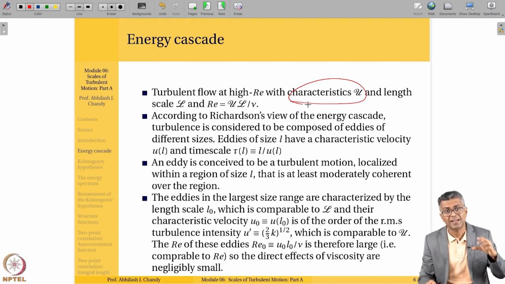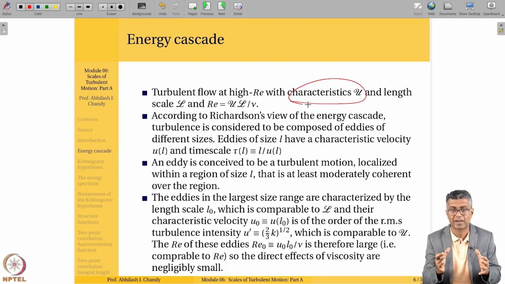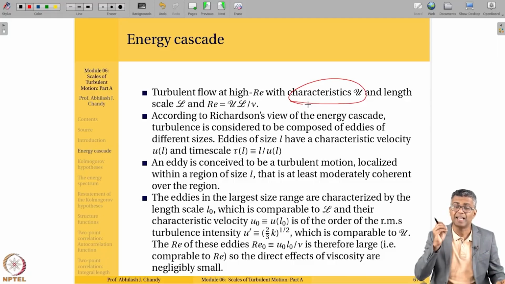It is the velocity in the nozzle, average velocity in the nozzle. For a channel flow, it is the average velocity at which flow comes into the channel. For a flow over a cylinder, it is the free stream velocity.